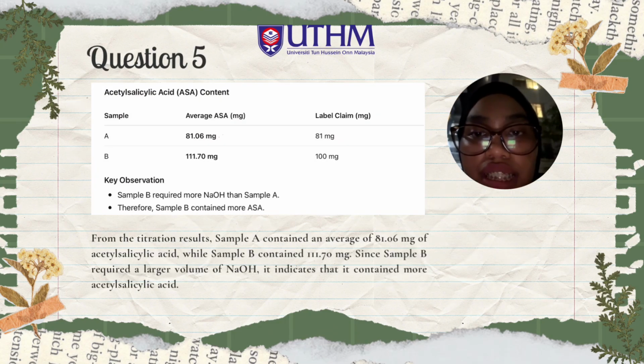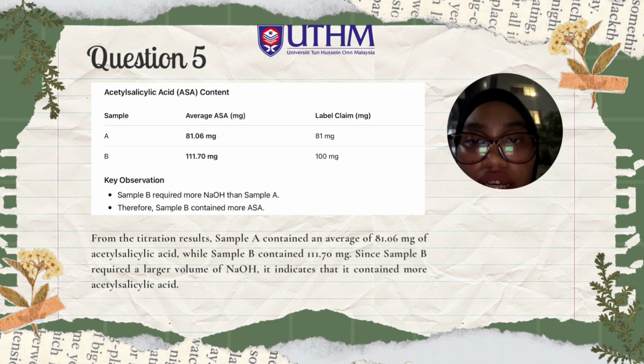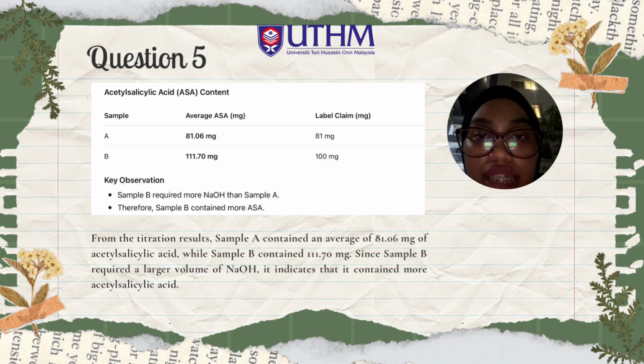Question 5. Acetylsalicylic acid content. From the titration result, sample A contained an average of 81.06 mg of acetylsalicylic acid, while sample B contained 111.70 mg. Since sample B required a larger volume of NaOH, it indicates that it contained more acetylsalicylic acid.